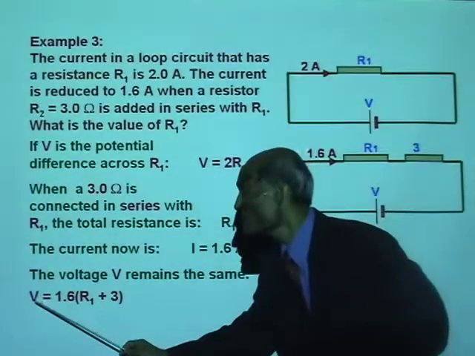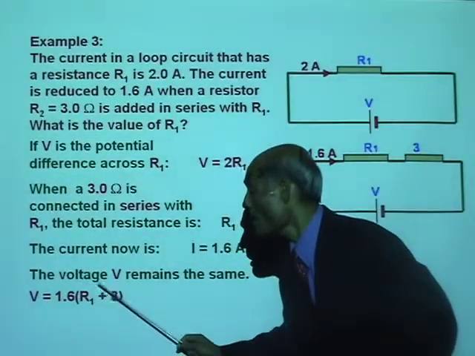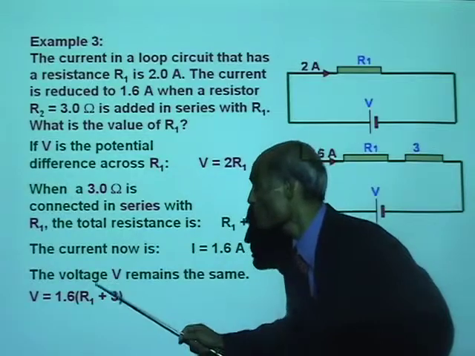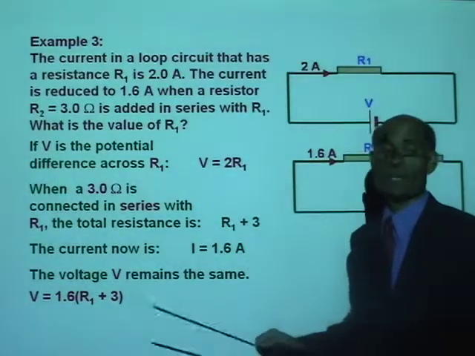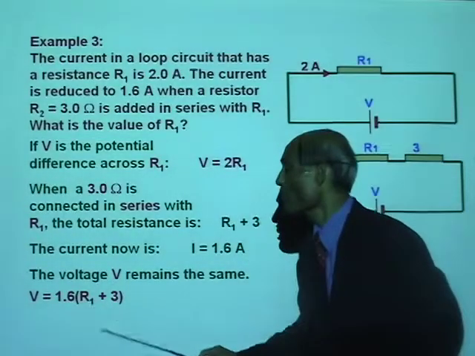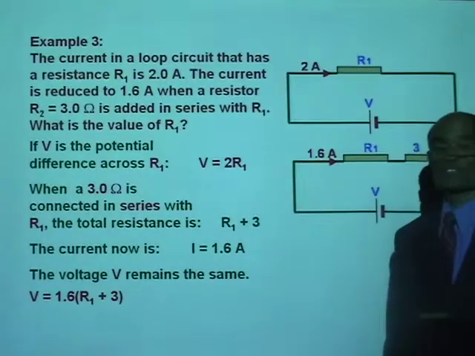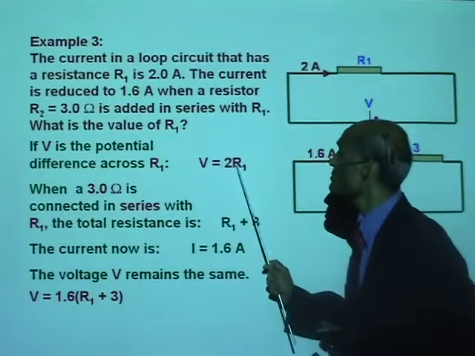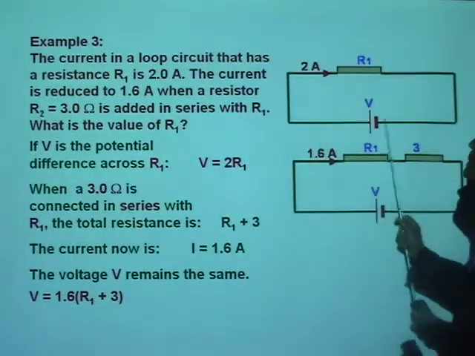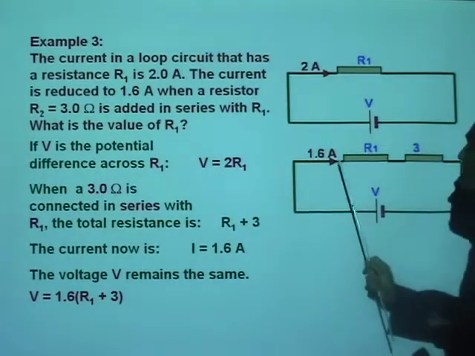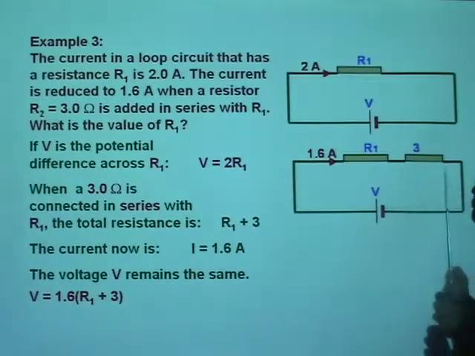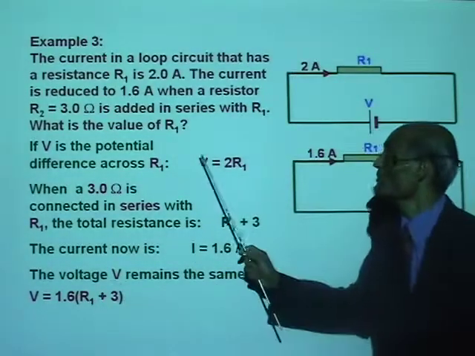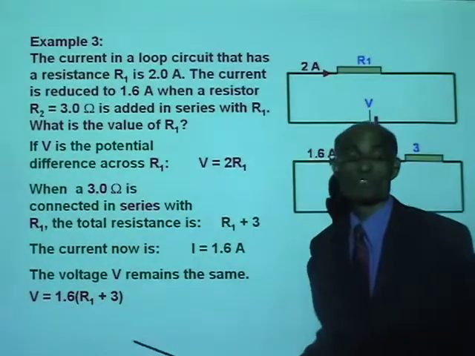Well, it will be V equal to IR, where R is the total resistance, R1 plus 3. So V equal to 1.6 times R1 plus 3. If you now look at these two equations, V equal to 2R1 for the first circuit and V equal to 1.6 times R1 plus 3 for the second circuit, V is the same. So what do we do?